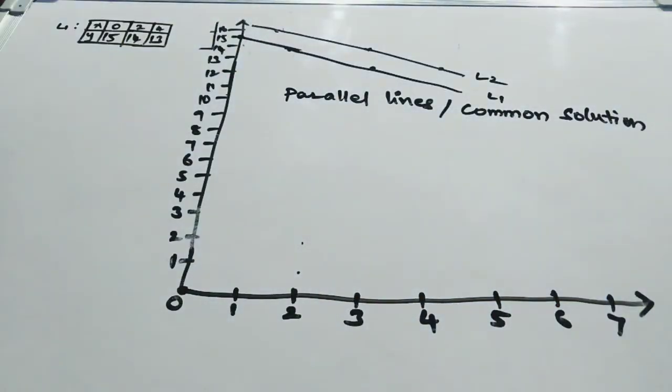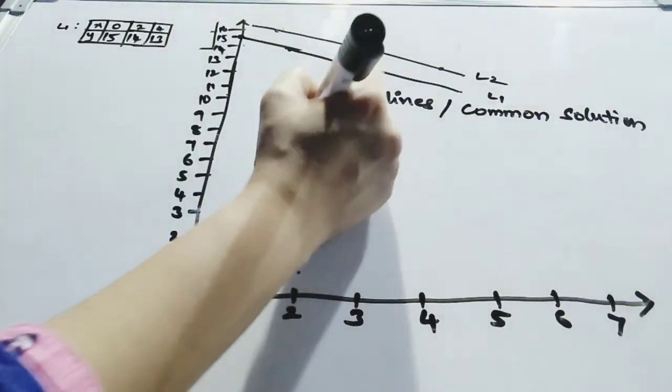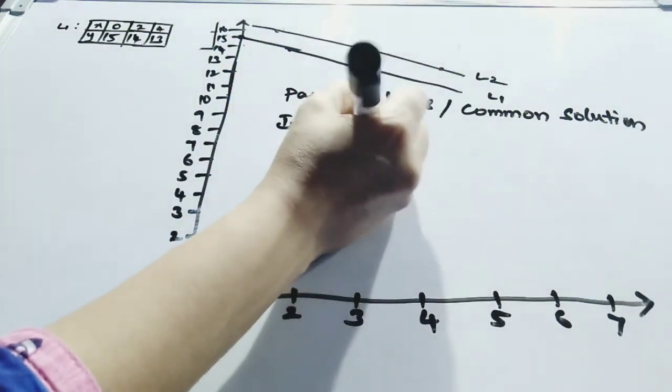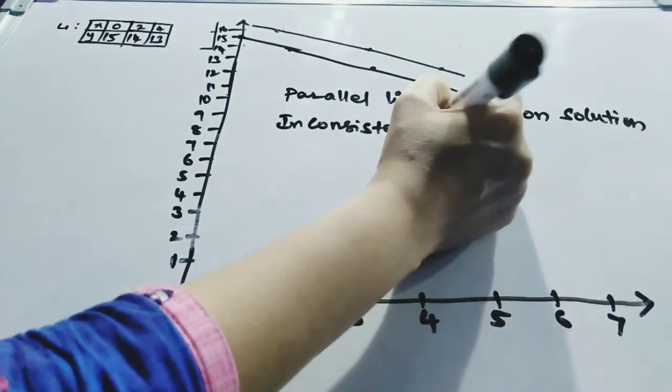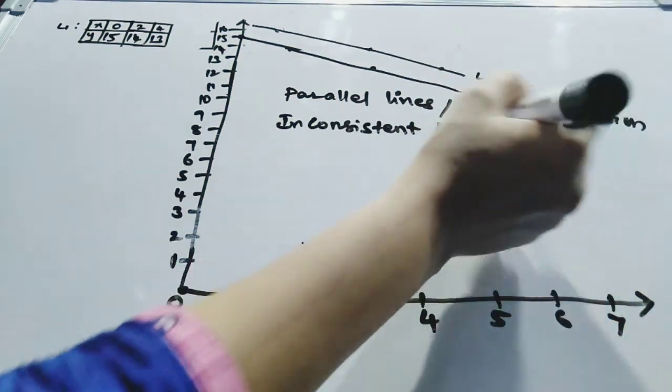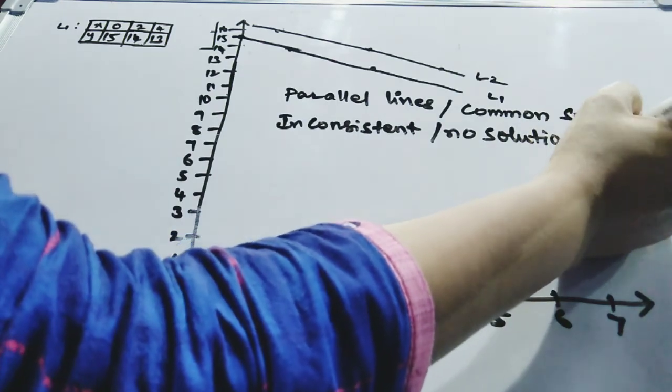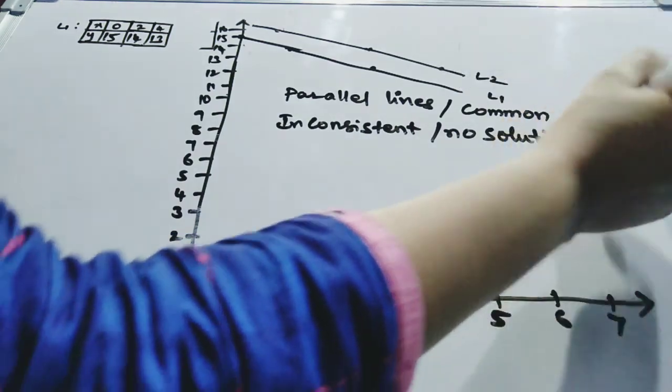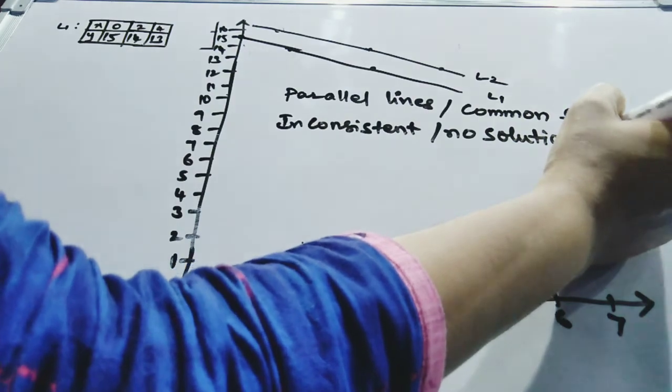Such pairs of linear equations which have no solution are known as inconsistent pairs of linear equations. It is called inconsistent because it has no solution.